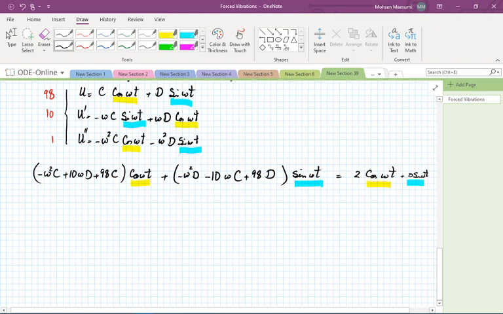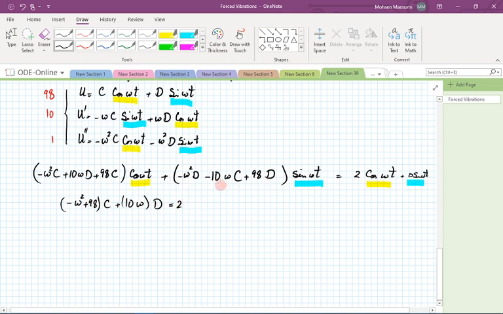Let's clean this up a little bit because we are trying to find c and d, so I'm going to collect it. Minus omega squared plus 98 c and 10 omega d. That parenthesis has to be equal to 2.